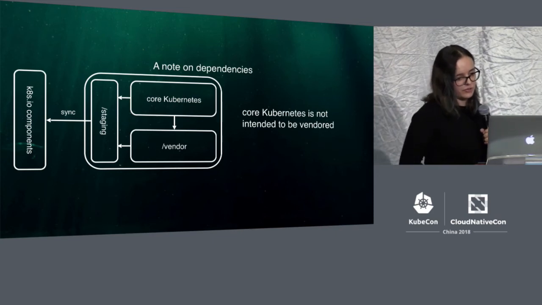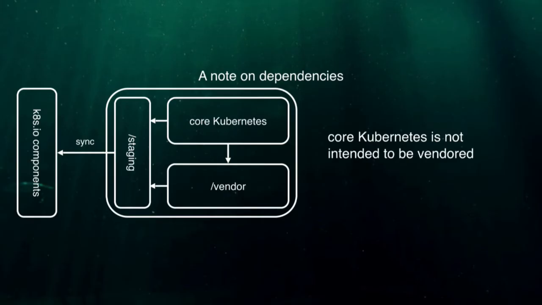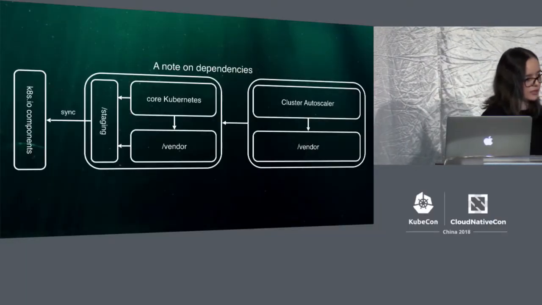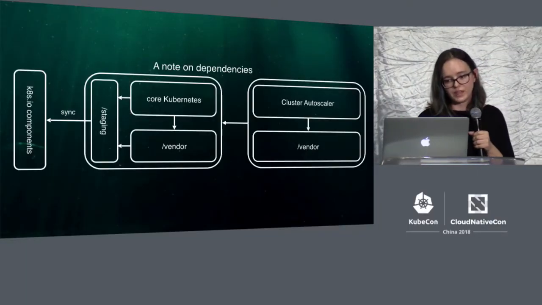So this works for Kubernetes with the assumption and recommendation that core Kubernetes is not intended to be vendored. Guess what? Scheduler code lives in core Kubernetes, and this little component called cluster autoscaler depends on that. So we must somehow deal with it.